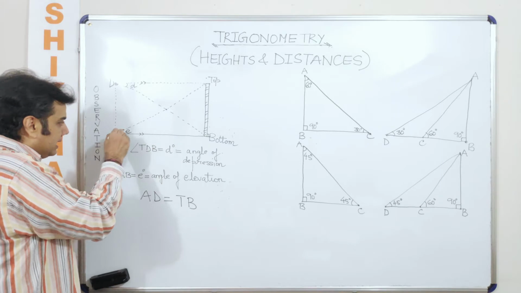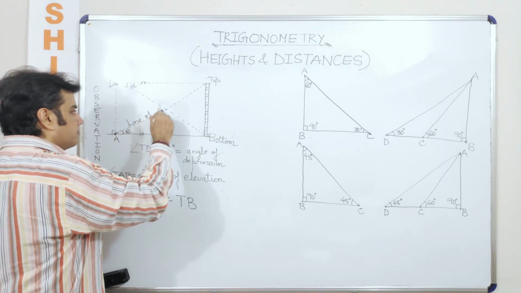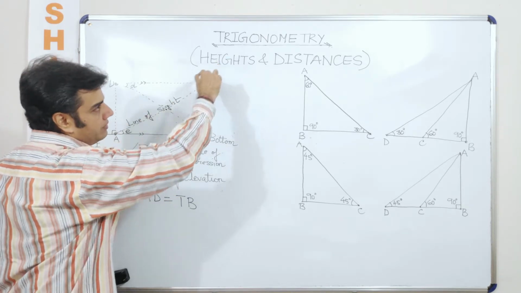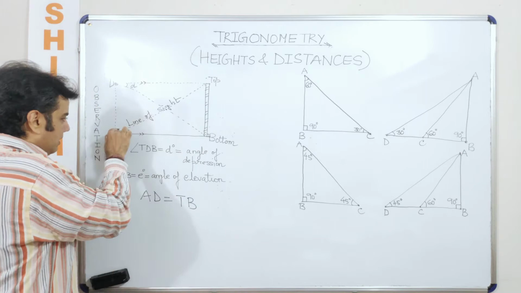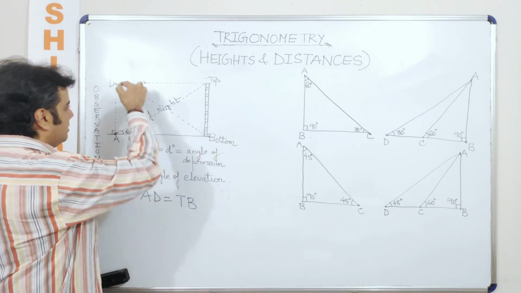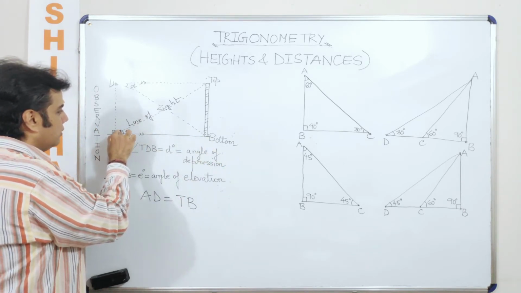the angle, now this will be known as my line of sight. So my line of sight, when I am looking up to something, will make an angle with the horizontal, the so-called horizontal. In that case, this is known as the angle of elevation.